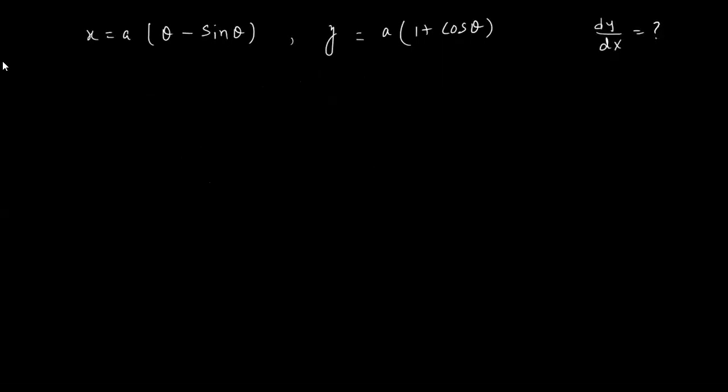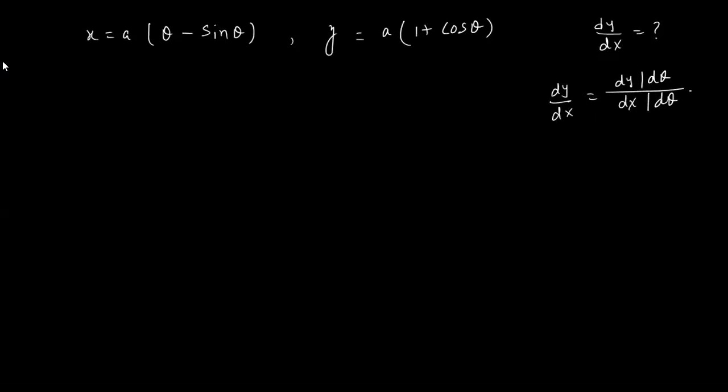Please remember, here x and y depend on the parameter theta. So let us find dx over d theta and dy over d theta, and finally dy over dx is nothing but dy over d theta divided by dx over d theta.